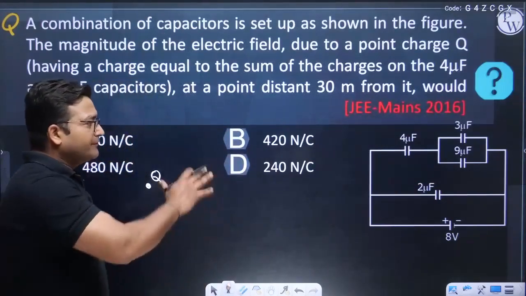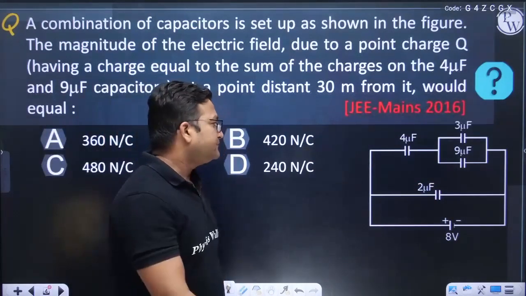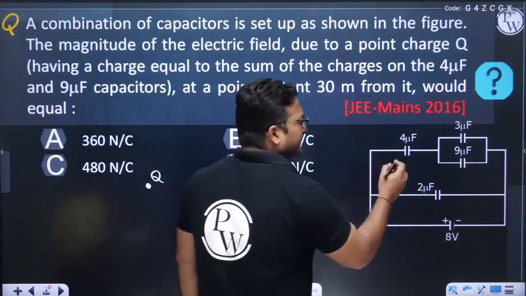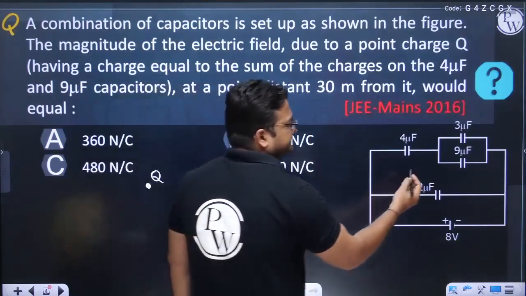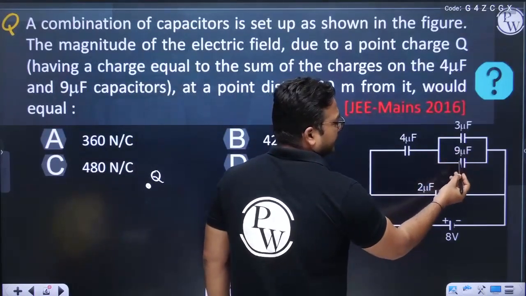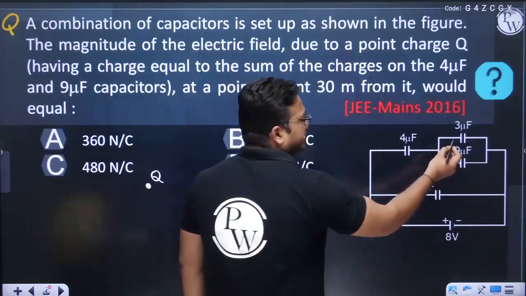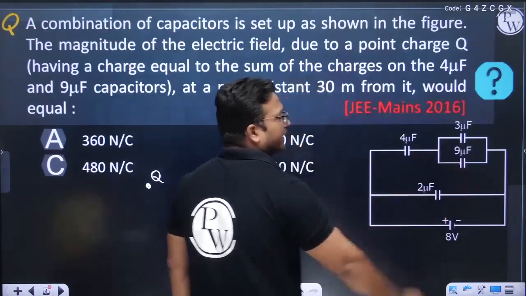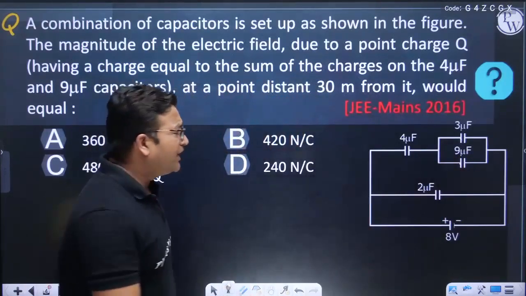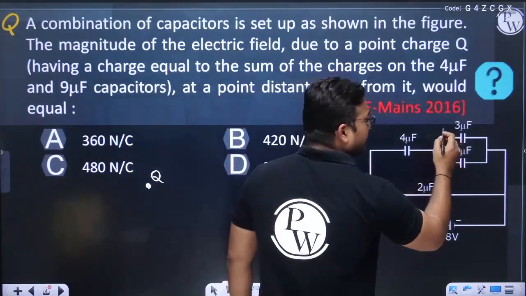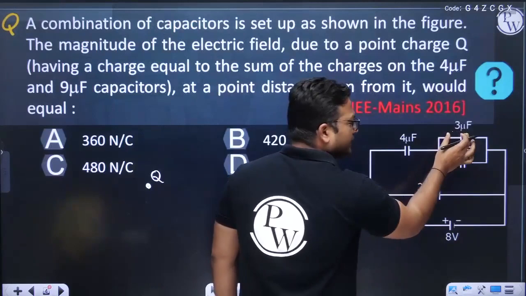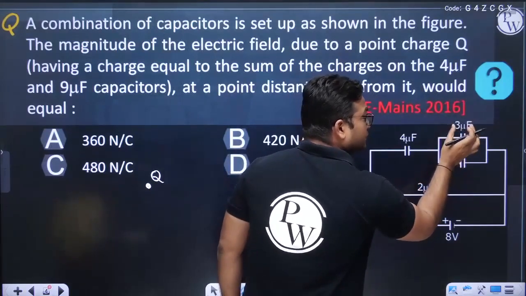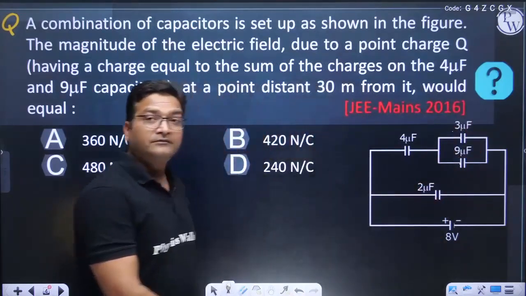Okay, so let's move to the circuit. See in this circuit, can you see the 3 microfarad and 9 microfarad? They are in parallel. And if they are in parallel, obviously the potential difference across these two will be same. Just try to focus on 3 microfarad and 9 microfarad.